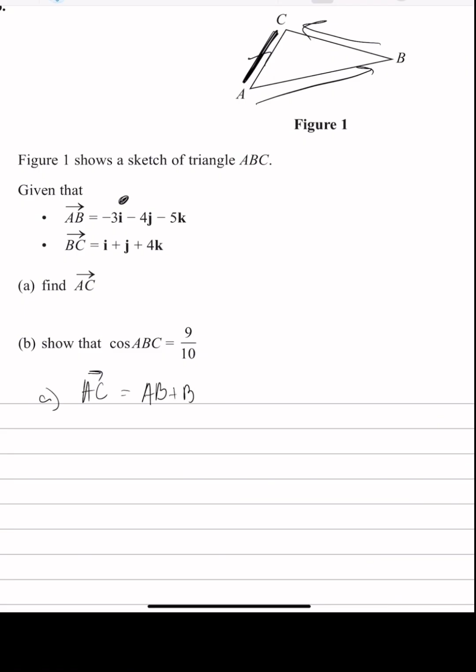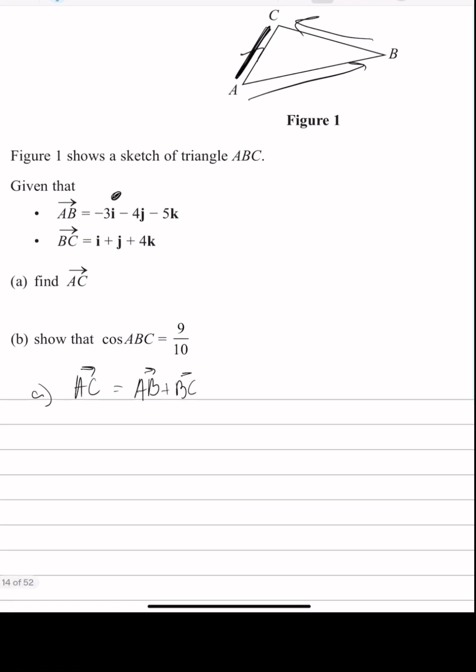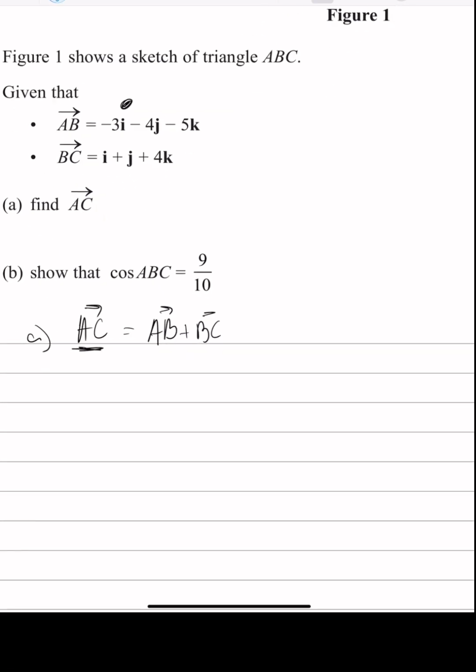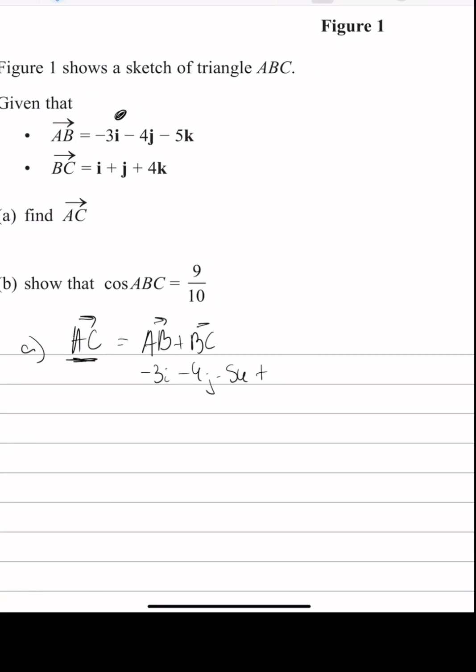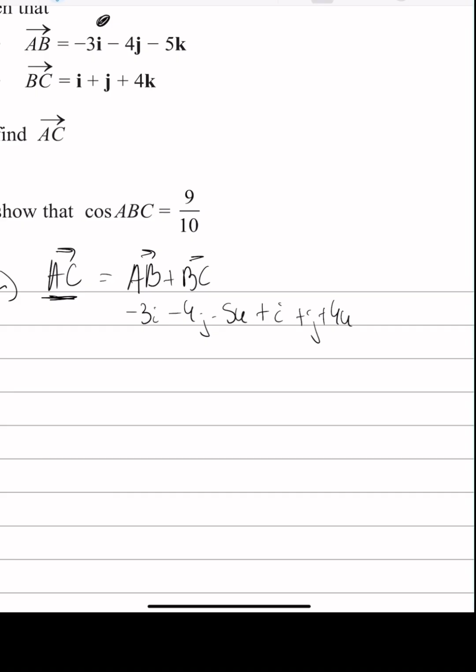AB plus BC would give us AC. So in this case that would be minus 3i minus 4j minus 5k plus i plus j plus 4k, which would be minus 2i minus 3j minus k.